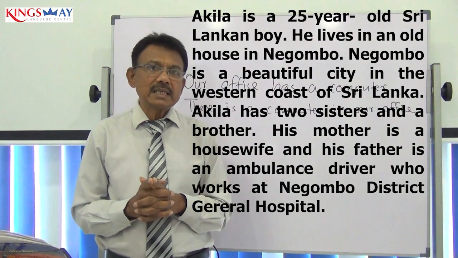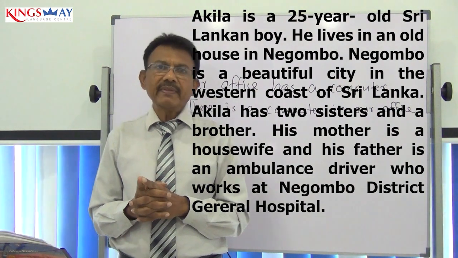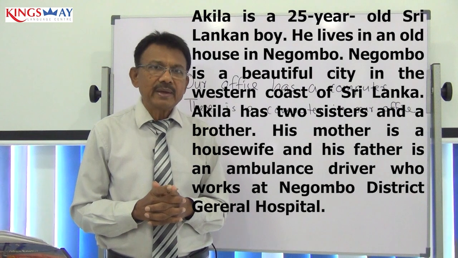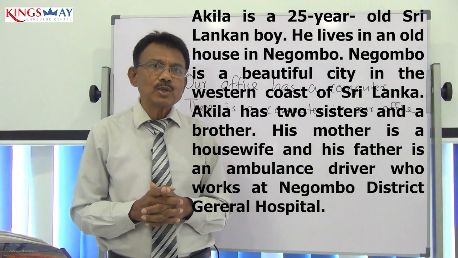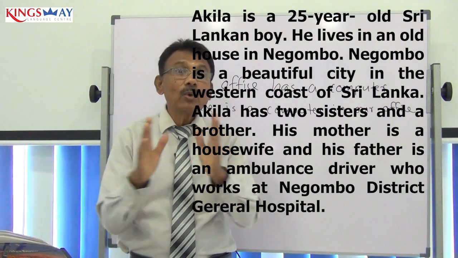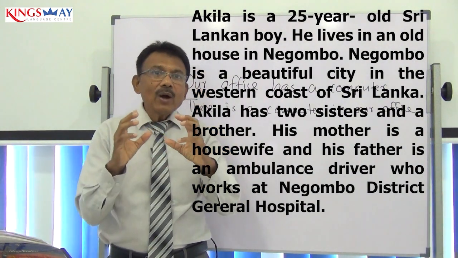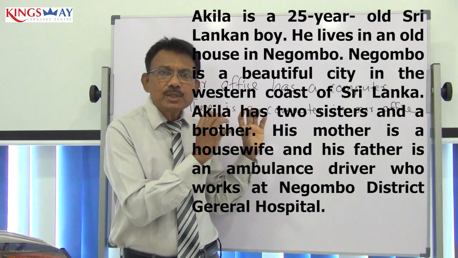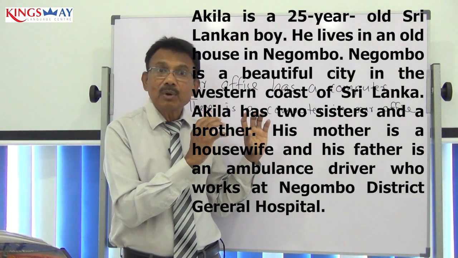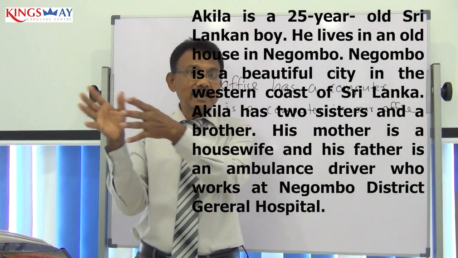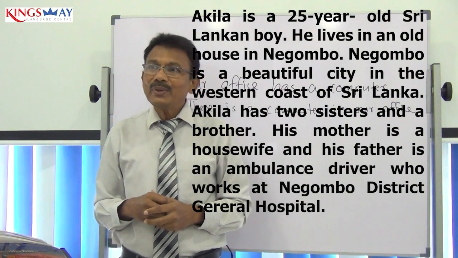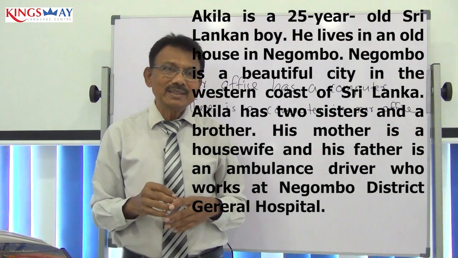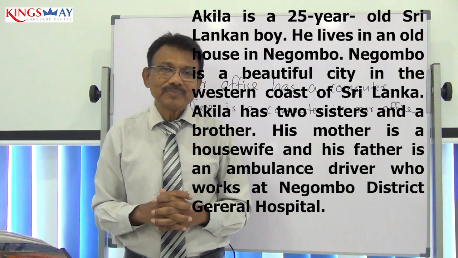His mother is a housewife and his father is an ambulance driver who works at Negombo District General Hospital. One paragraph. Okay. So, now after learning this paragraph, taking it as a model, you also can write something about you or your friend, can't you? So, that is called giving a model.